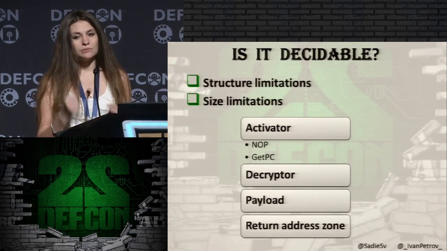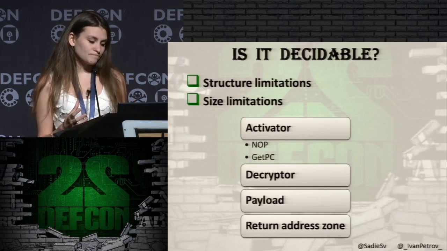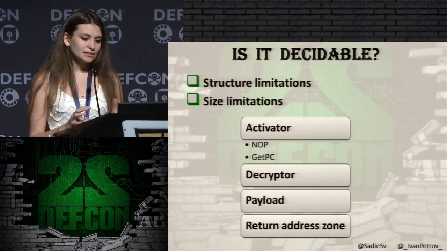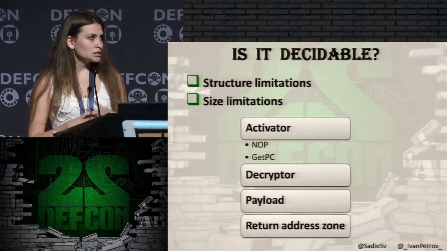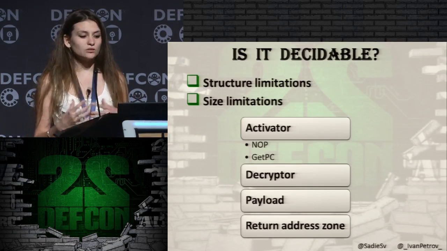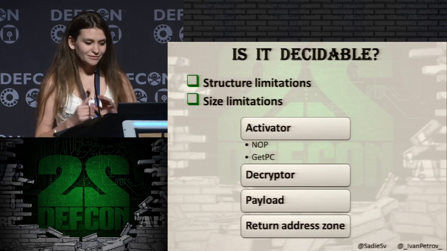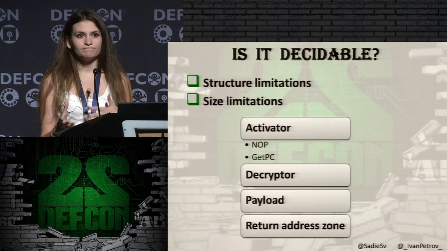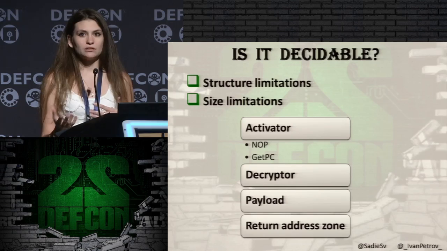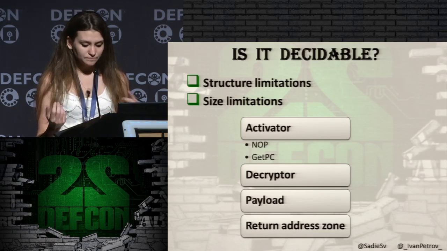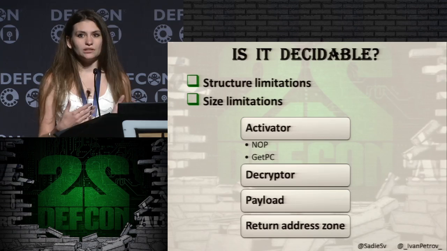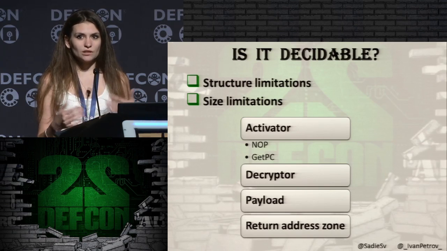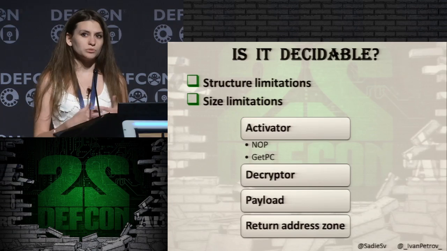That's a simple example of shellcodes which focus on stack overflow. So typically, such shellcodes have an activator, which can be presented by a NOP sled or some kind of get-PC code which tries to understand its own location in the address space of the executable process.